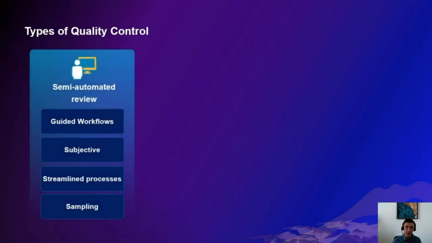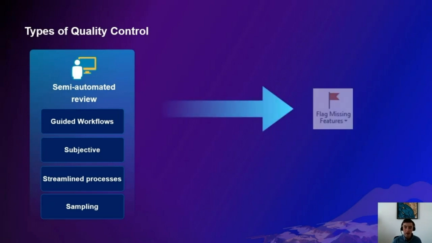To help facilitate semi-automated review, we'll talk about the Flag Missing Feature tool as well as the Browse Features tool. The Flag Missing Feature tool allows users to bring attention to missing features that validation tools might not have caught. This tool creates an error record where the feature is missing, allowing data editors to quickly address the issue.